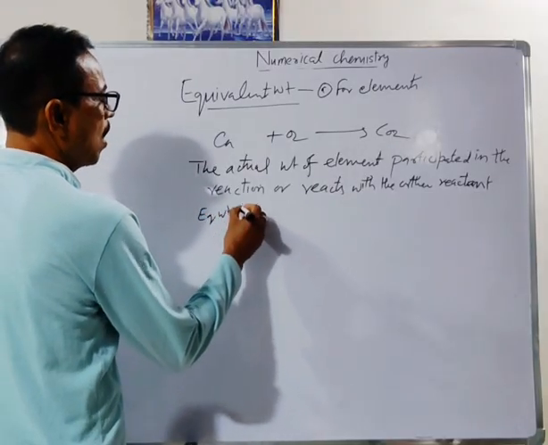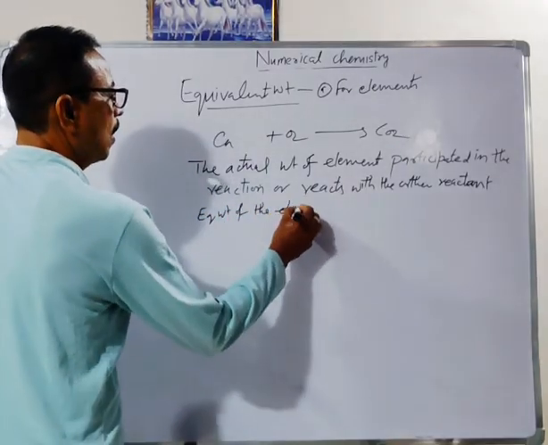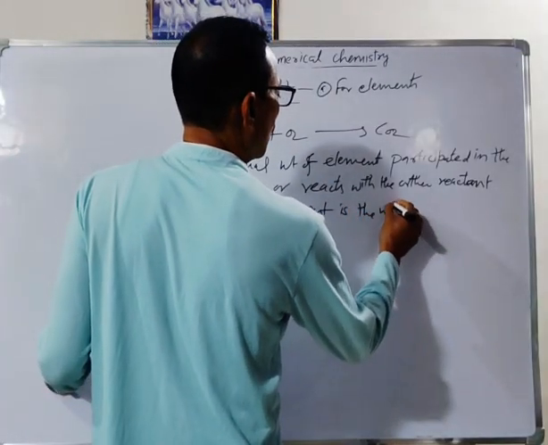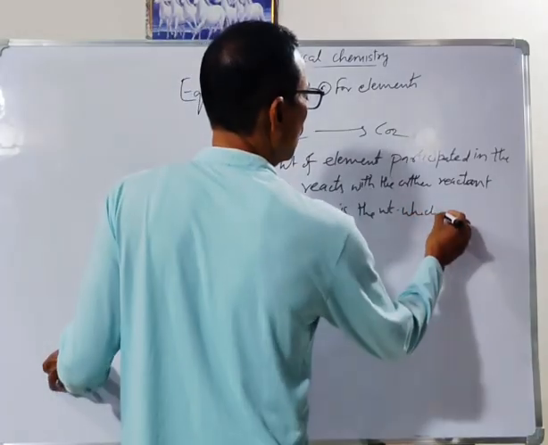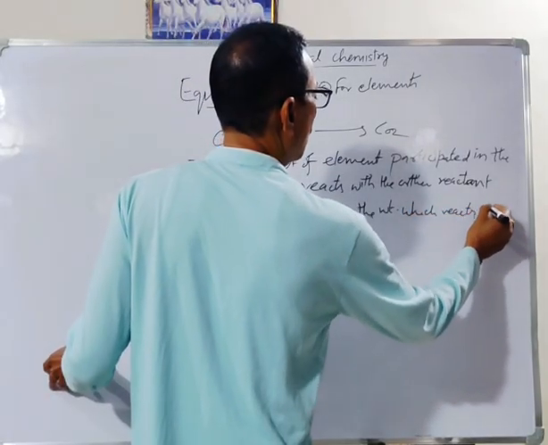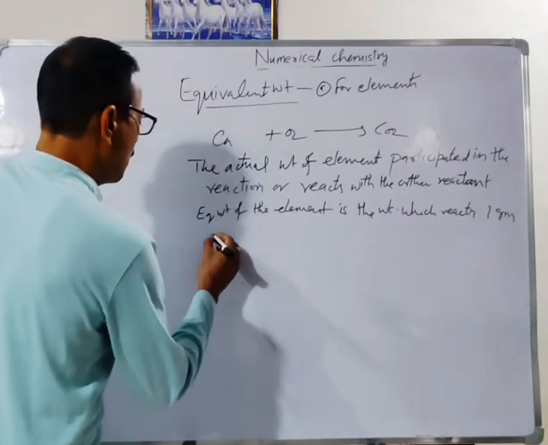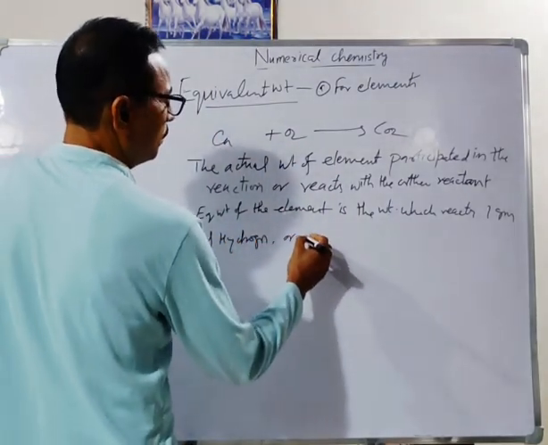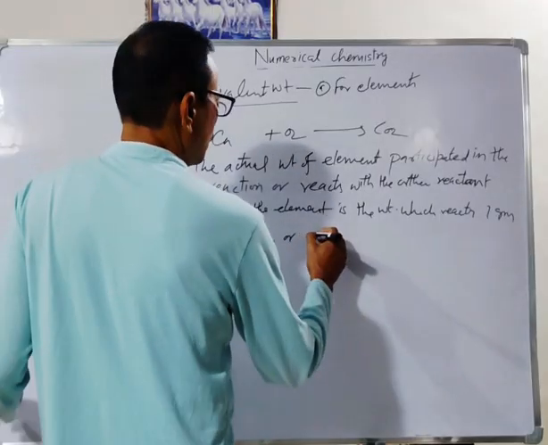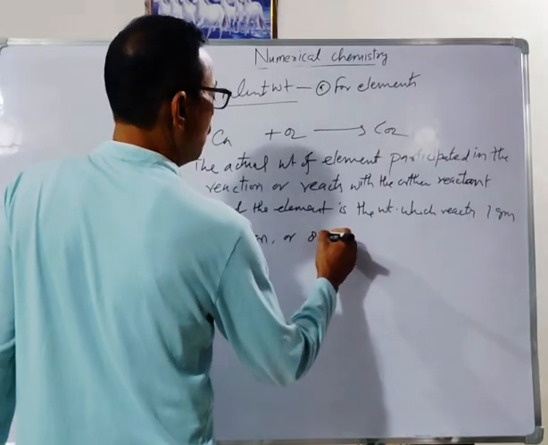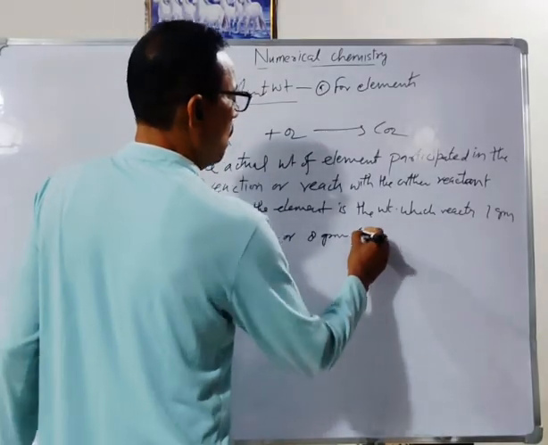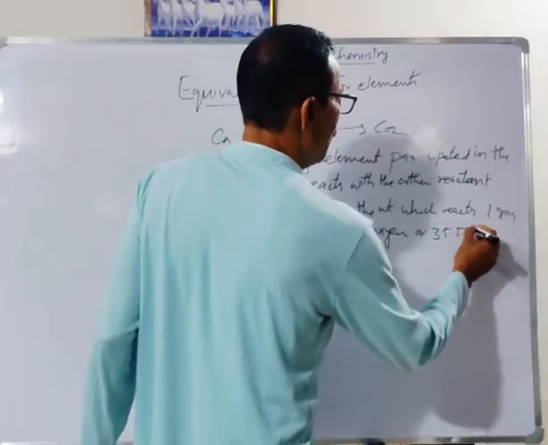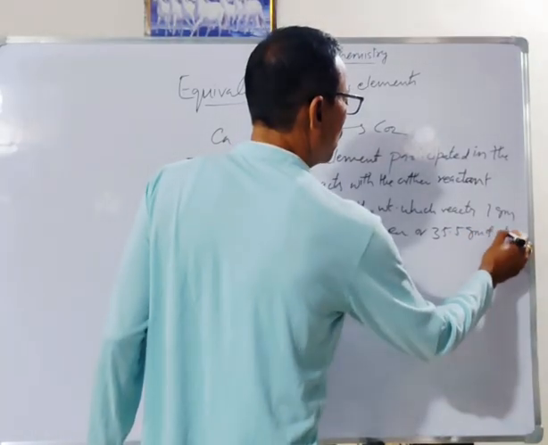So the actual weight which participates in the reaction is the equivalent weight. Equivalent weight of the element is the weight which reacts with 1 gram of hydrogen, or 8 gram of oxygen, or 35.5 gram of chlorine.